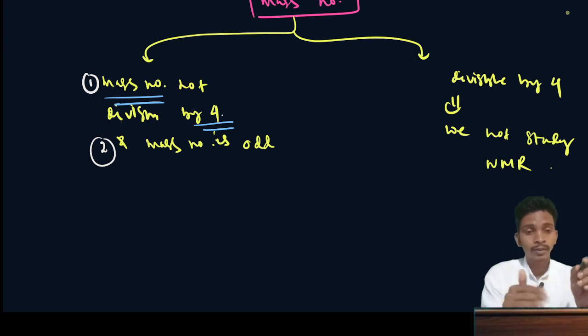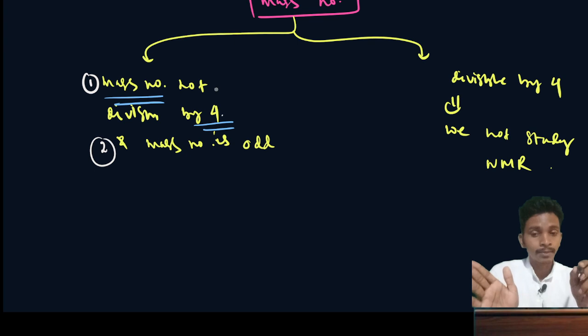For that we look at the mass number. If the mass number is not divisible by 4, then that type of nucleus is NMR active, and if it is divisible by 4, then that type of atom is NMR inactive. For those atoms we will not get NMR data.